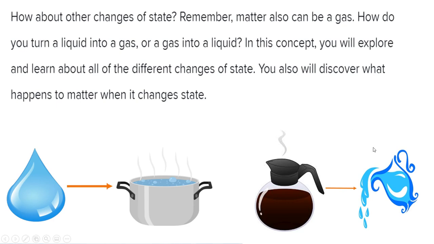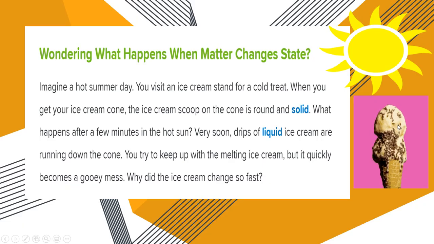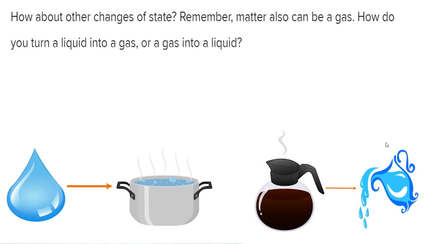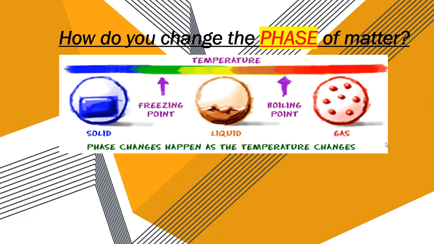That is what we're talking about when we say matter changes state, or you may hear the word phase change. It means it's going from one state to another state. That is what we mean by changes of state.